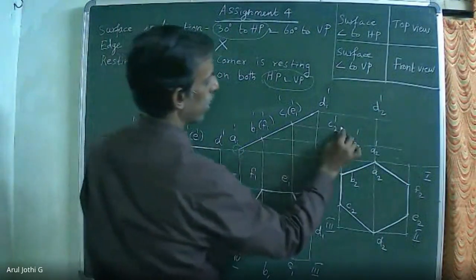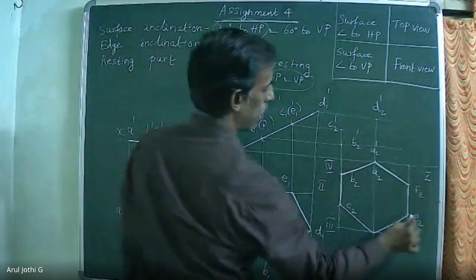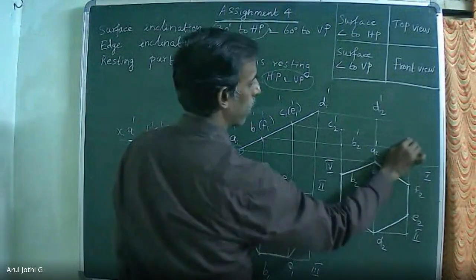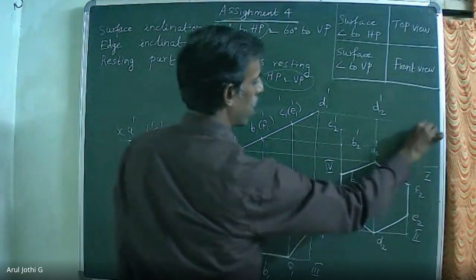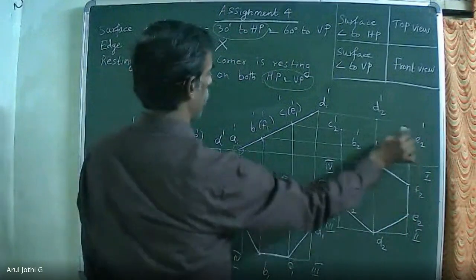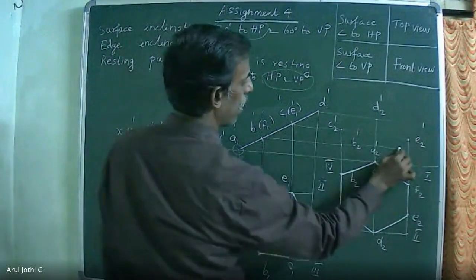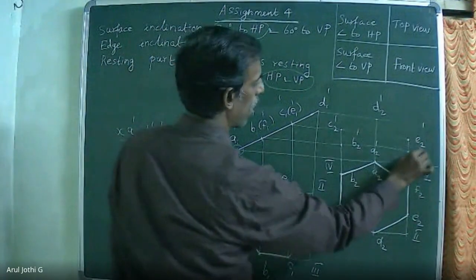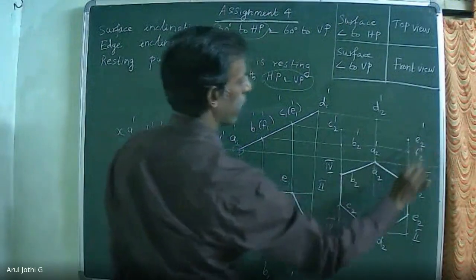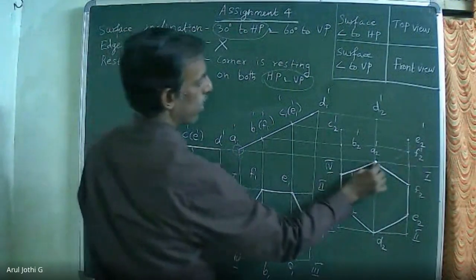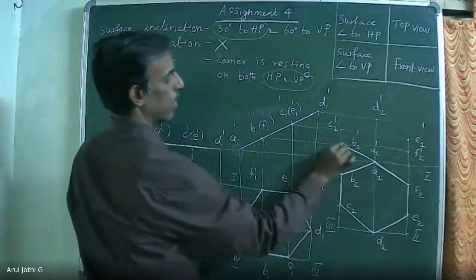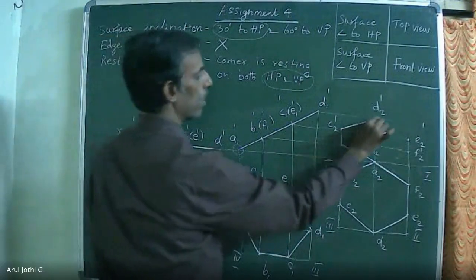Then project E, the E2. F, F2 dash. Join all the points in alphabetical order.